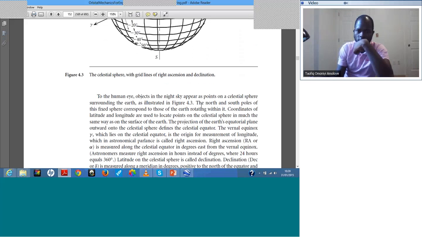So we see that the north and south poles of the fixed sphere correspond to those of the Earth rotating within it.